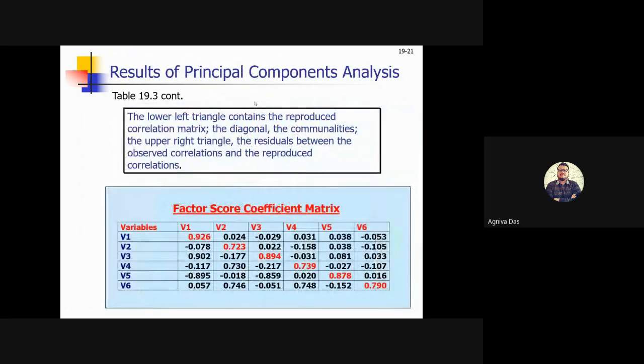Okay. So now the factor score coefficient matrix looks something like this, right? Where V1, V2, V3, V4, V5, V6, as you can see, these red marks here are not the correlation coefficients or anything like that. These are the scores, the loadings.